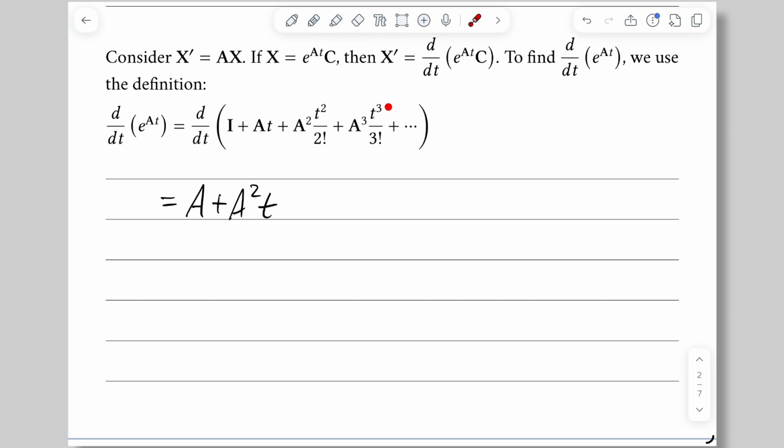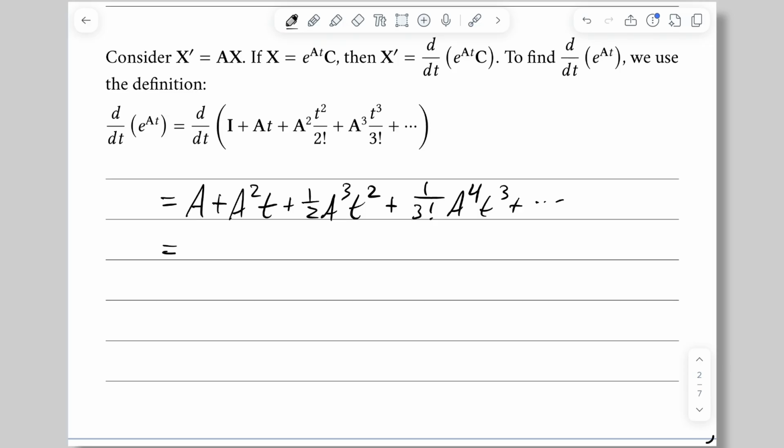Differentiating t cubed multiplies by 3. We have 1/2 A cubed t squared. The next term, I'm sure you can guess, would be 1 over 3 factorial A to the 4th t cubed, and so on.